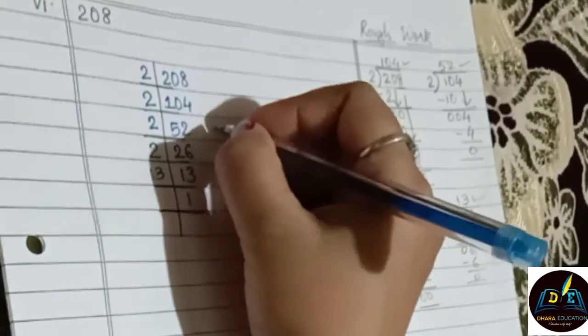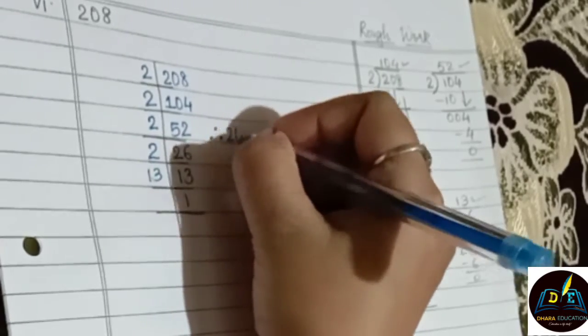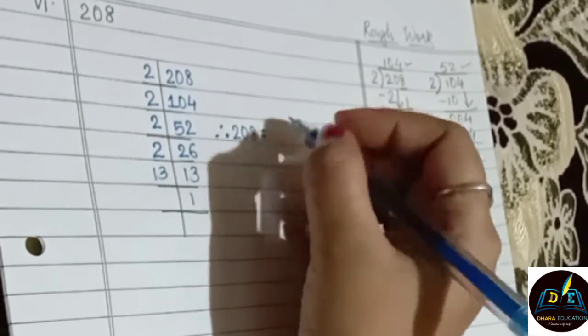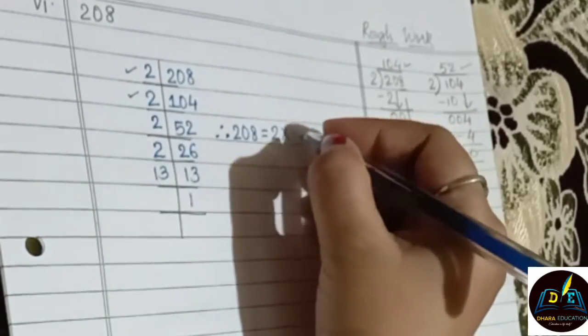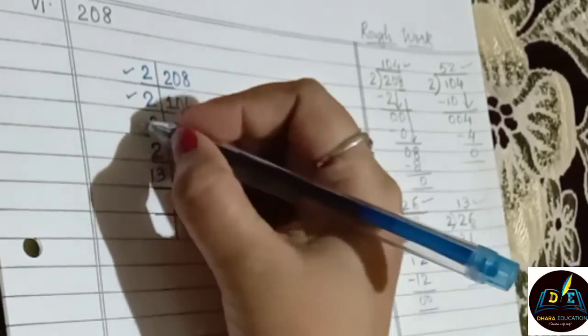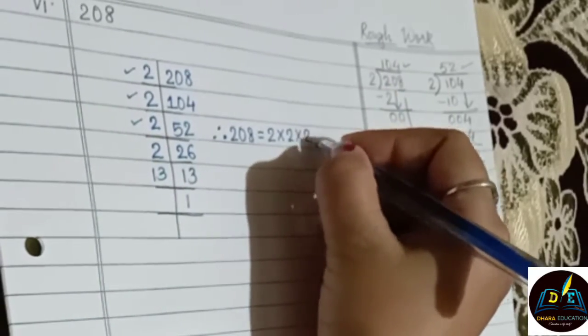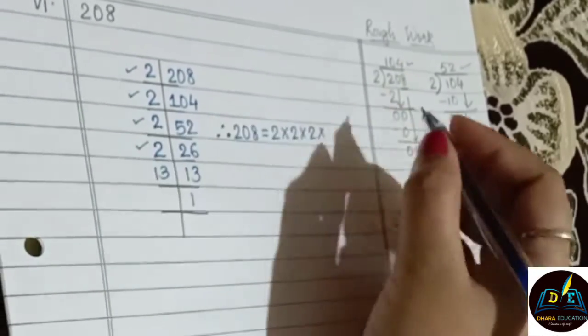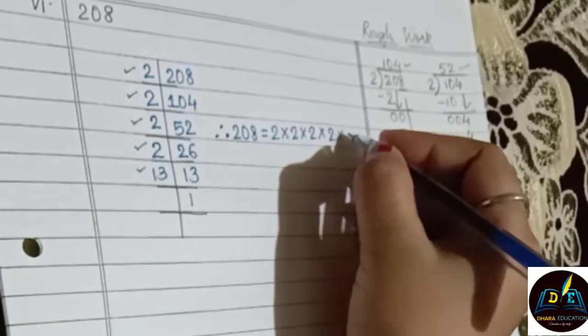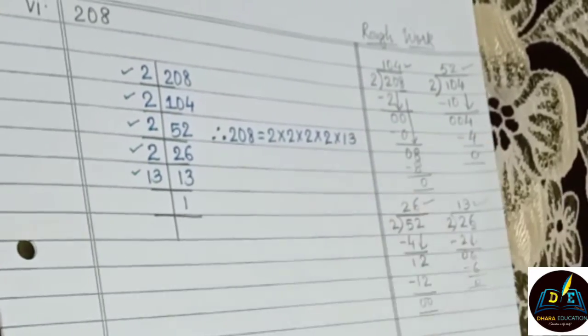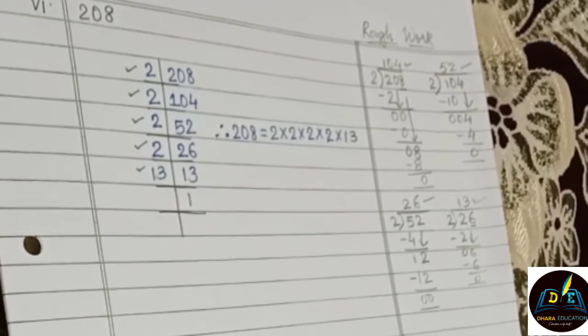And here we need to write 208 is equal to 2 multiplied by 2 multiplied by 2 multiplied by 2 multiplied by 13. Okay, so this is your answer.